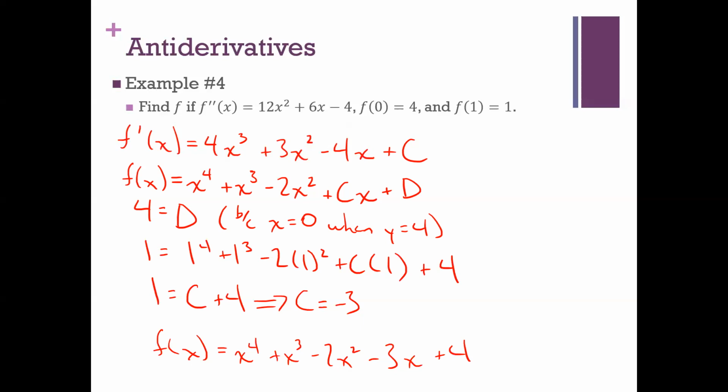So yeah, here are all the things I know about f to start with. Its second derivative is this, and f has these 2 points. So without all that information, I have no way of getting f beyond what those constants are, just leaving those constants arbitrary. Okay.